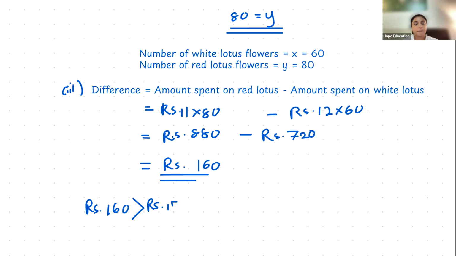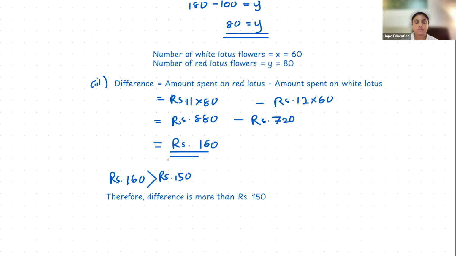So we can say, it is enough to just write that 160 is greater than 150. Or you can also write a sentence: the difference is more than 150 rupees. Is this clear to all of you?